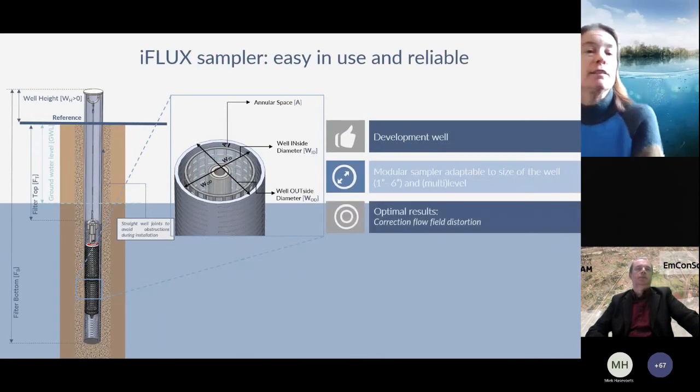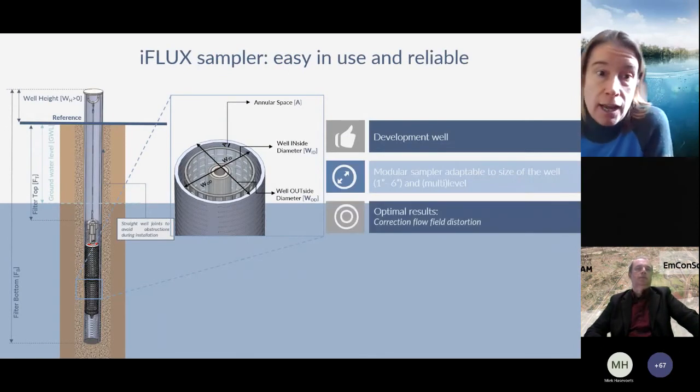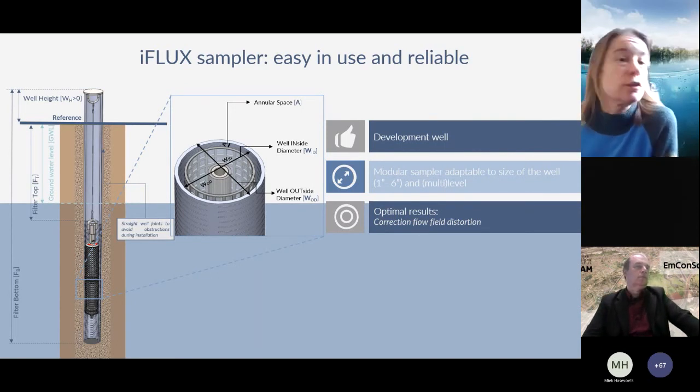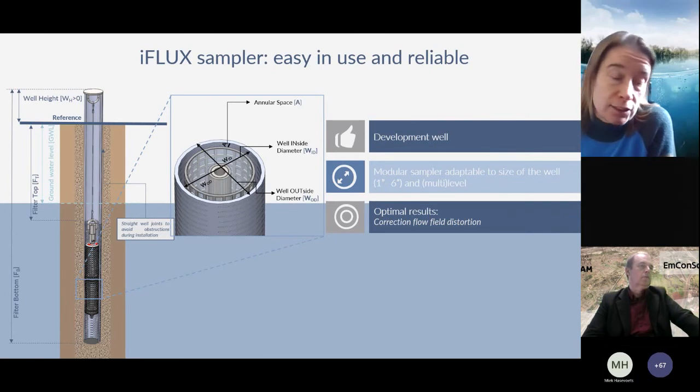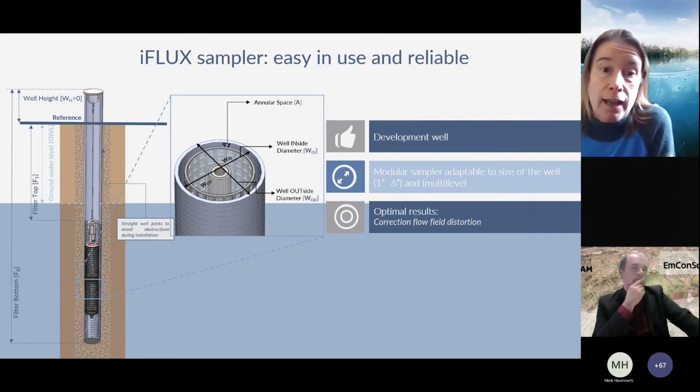So how do we measure fluxes on site? Therefore we can use a passive sampler, the IFlux sampler, which is a commercially available product. The sampler is installed in a well, as you can see over here, and it's a modular system. We can combine different cartridges.